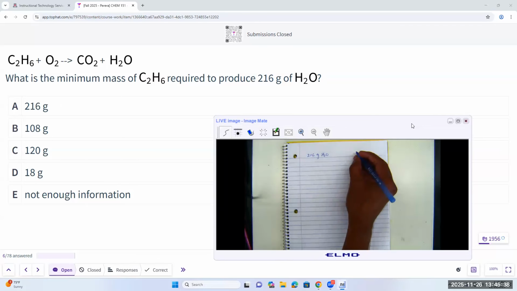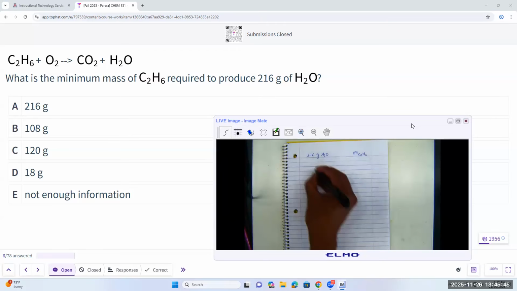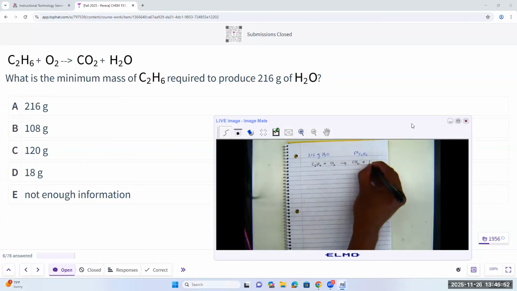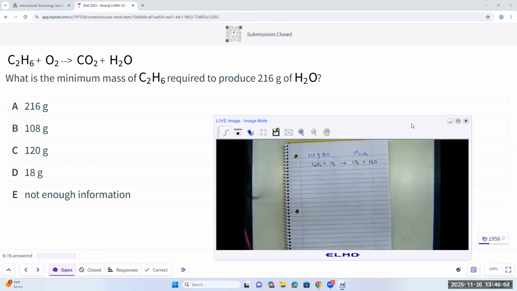And they are asking the mass of C2H6. And then the reaction is when C2H6 reacts with oxygen, you get CO2 and H2O.